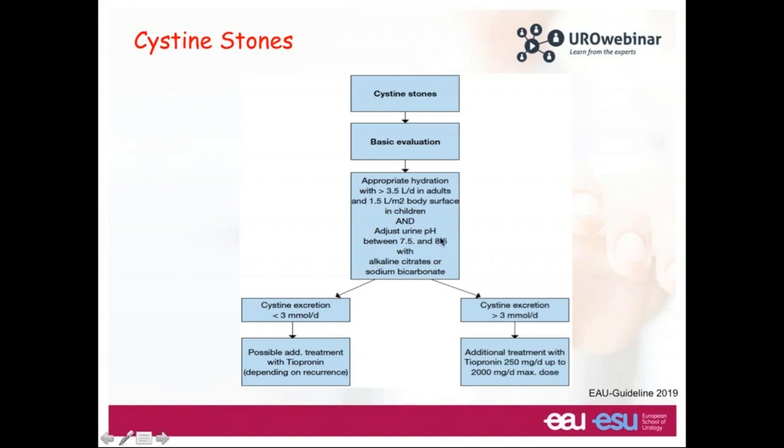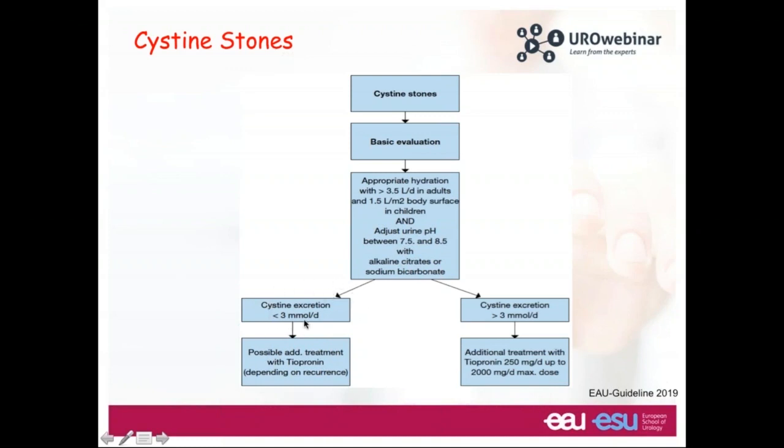For those of you dealing with stones in children. And of course, you have to alkalinize the urine, and you have to reach a pH between 7.5 and 8.5. And how do you do that? With alkaline citrate or sodium bicarbonate. And further treatment really depends on the cystine excretion within the 24-hour urine sample that you collected.